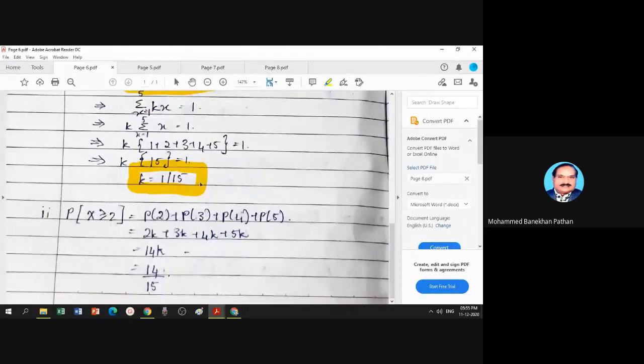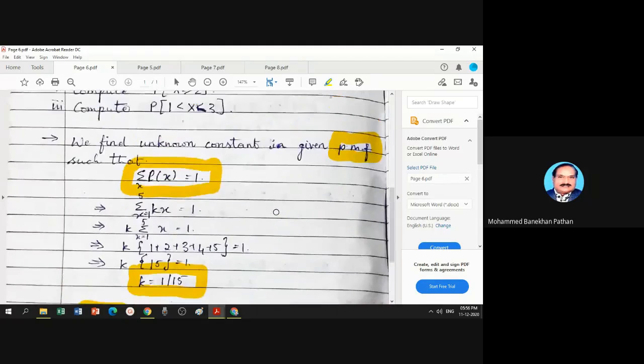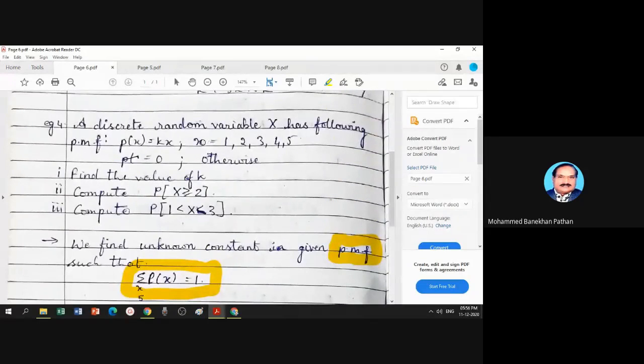After having k, we can get the probabilities. Probability X greater than or equal to 2. This is called an event. What is going to happen? I want the chance that my variable X takes a value greater than or equal to 2. So favorable values are 2, 3, 4 and 5. I stop at 5 because in the question X takes value minimum 1 and maximum 5.